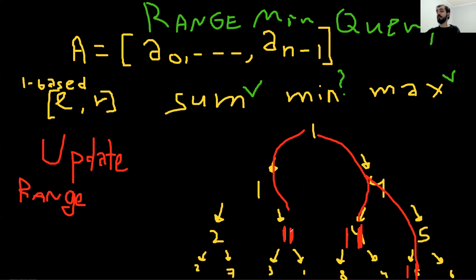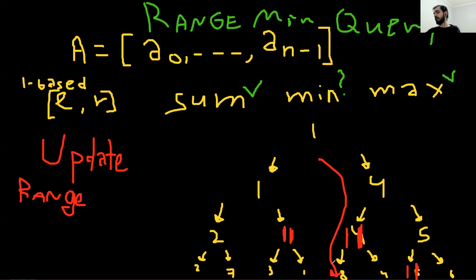So we can update that part explicitly, but this way part of the information remains wrong. So we just lazily updated the segment tree, lazily, right?